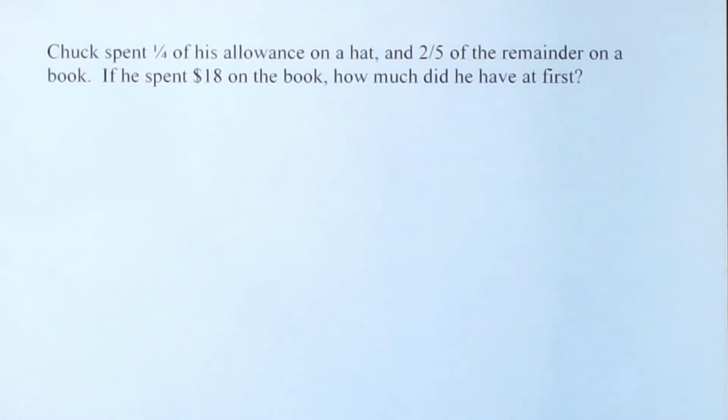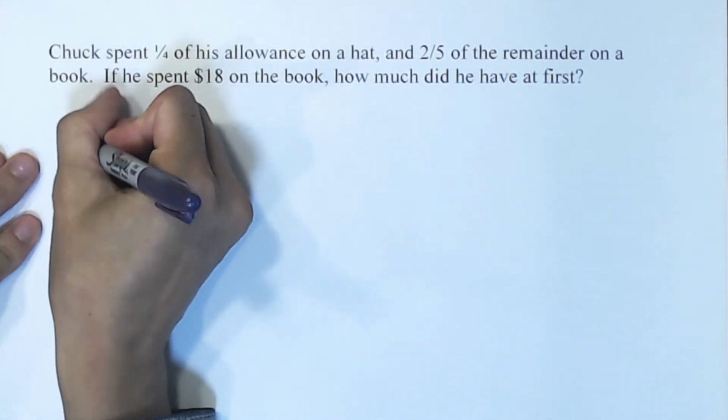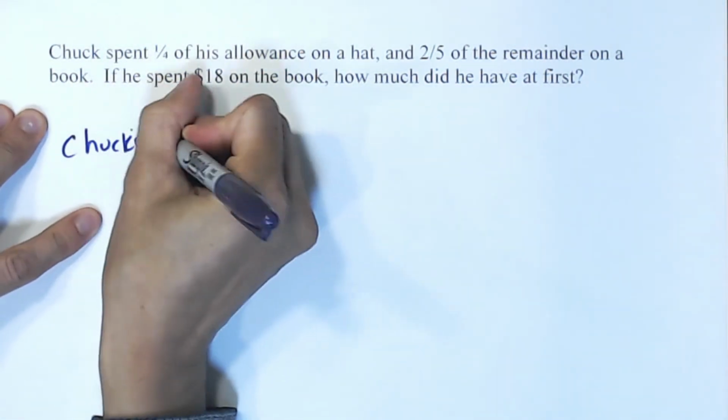Chuck spent 1/4 of his allowance on a hat and 2/5 of the remainder on a book. If he spent $18 on the book, how much did he have at first? Okay, so our bar is going to represent Chuck's allowance. So we'll label it Chuck's allowance.